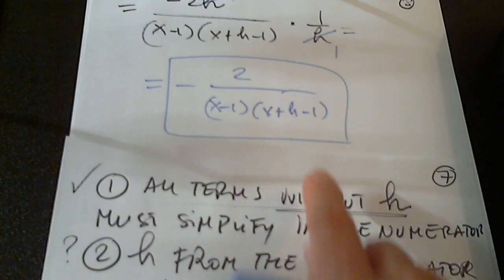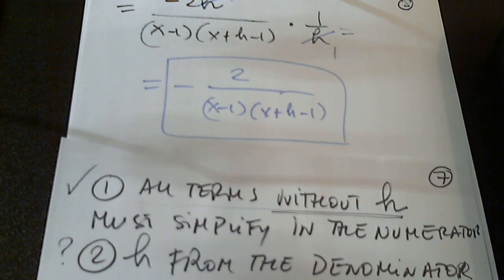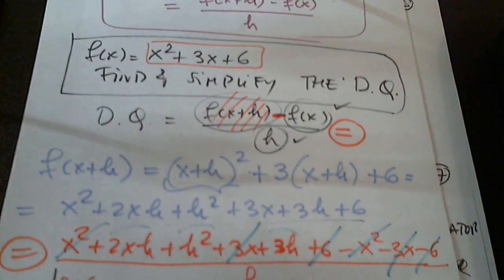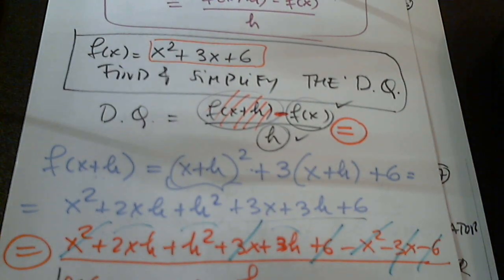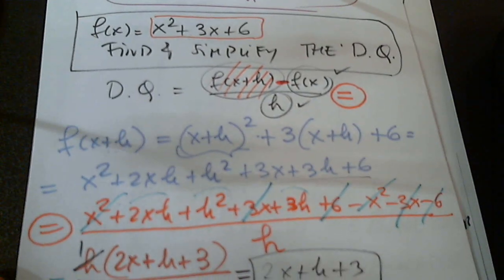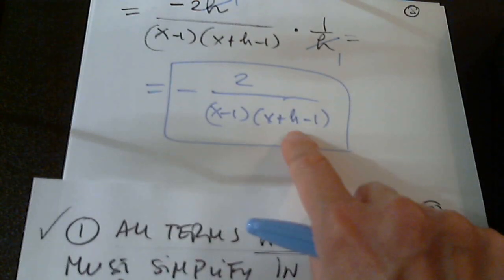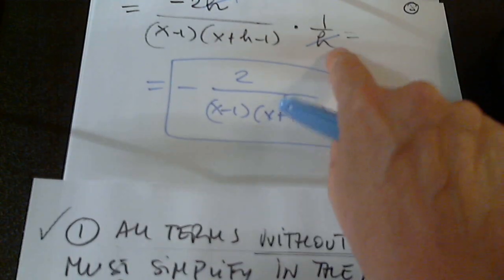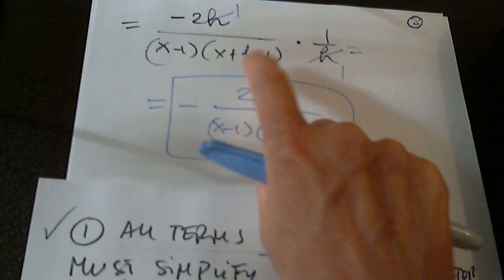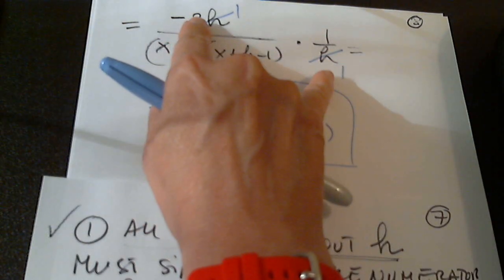I never said that the final form will not have h in it. It must, but not the h from the denominator. So it does have an h at the end, but not this one, a totally different one. You can say it's the same, and I agree, but not this particular factor. These two go away.